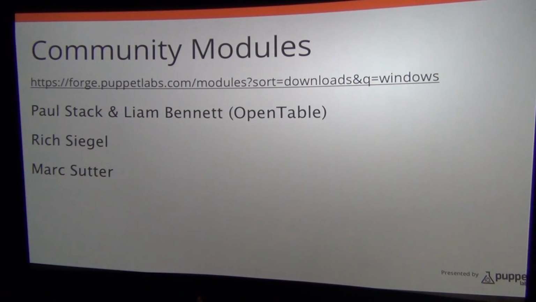Also, Rich Siegel has a number of modules on his personal GitHub page, so you're probably best getting them there. We're working on him, trying to get him to publish those to the Forge, but he wrote the Chocolatey package provider and also the OneGet package provider.